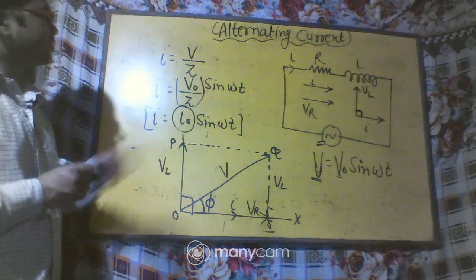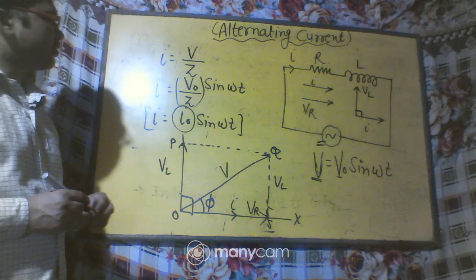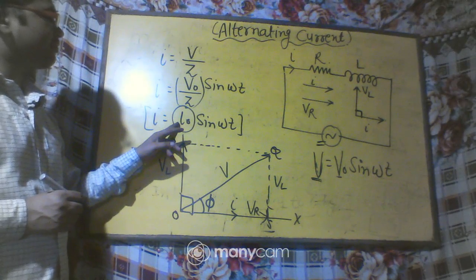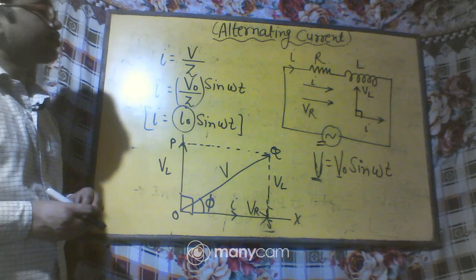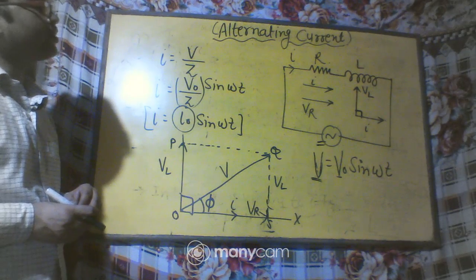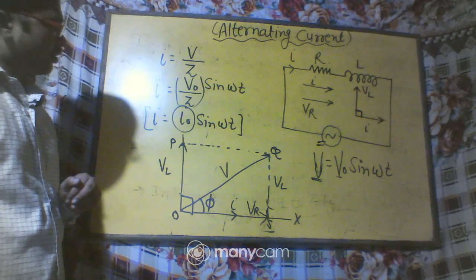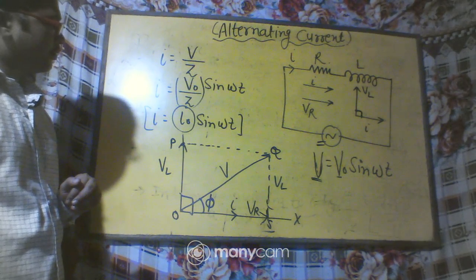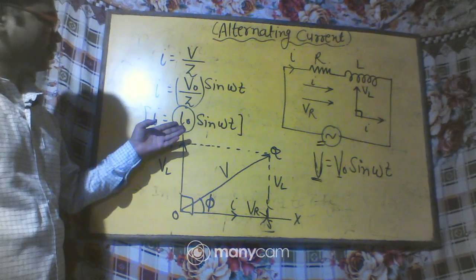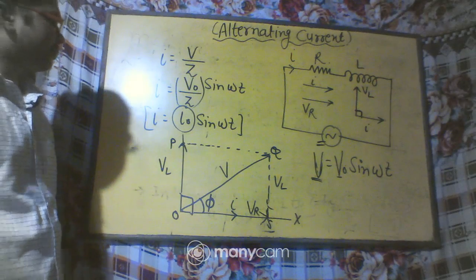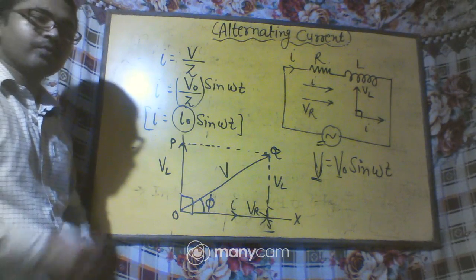By using this relation, you can find out the equation of current of this circuit. You can also find out the maximum possible current flowing in this circuit, and you can plot a sine graph for current and voltage.